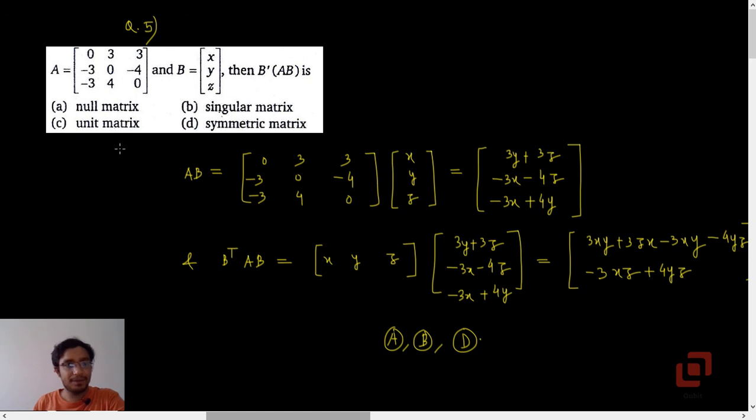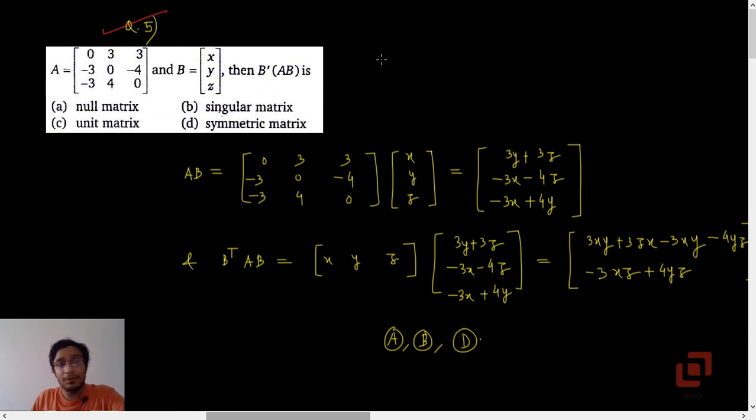Question number 5. If A is the matrix 0 3 3, minus 3 0 minus 4, minus 3 4 0, and B is the column vector xyz, then B transposed A into B is a null matrix, a singular matrix, a unit matrix, or a symmetric matrix.